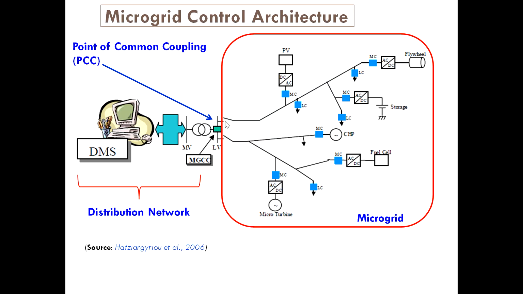This is the point at which the microgrid is connected to the distribution network, and the flexibility that has been talked about in the previous slide basically means that the microgrid is meant to be able to operate both in parallel to the distribution network as well as independent of the distribution network.